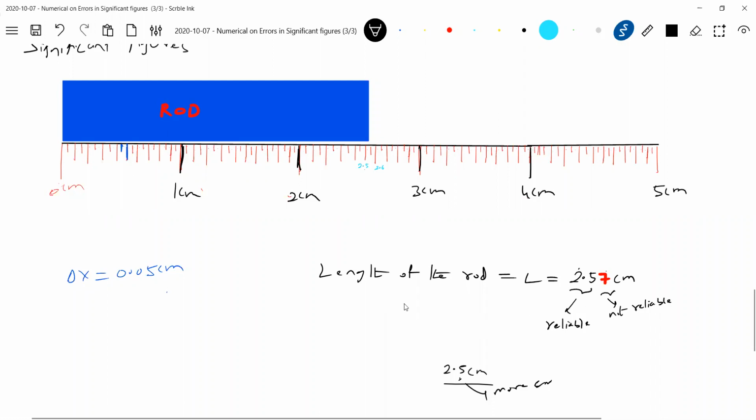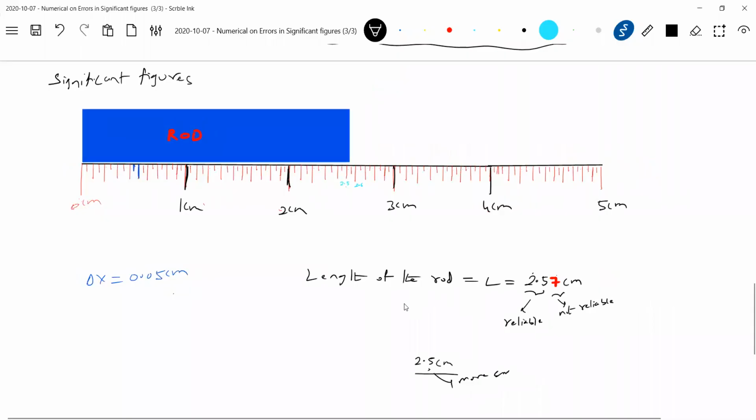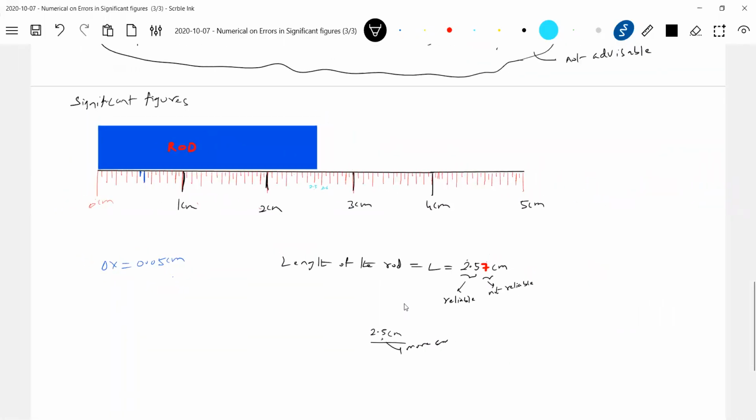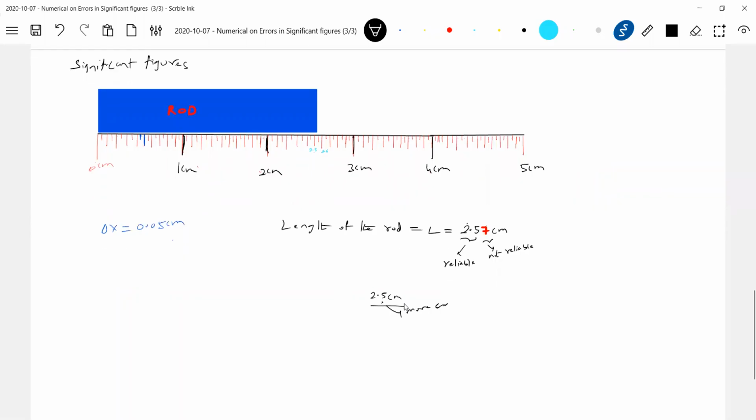Next you can ask the question, what is the use of this? See, when you write significant figures, it means how to express a reading. Suppose one student writes the length of the rod. Another student uses another scale and says the length of the rod is 2.5734 centimeter. Now tell me, what is very sure?